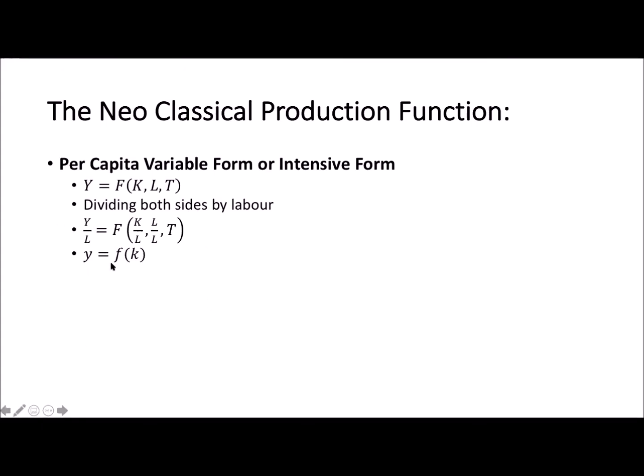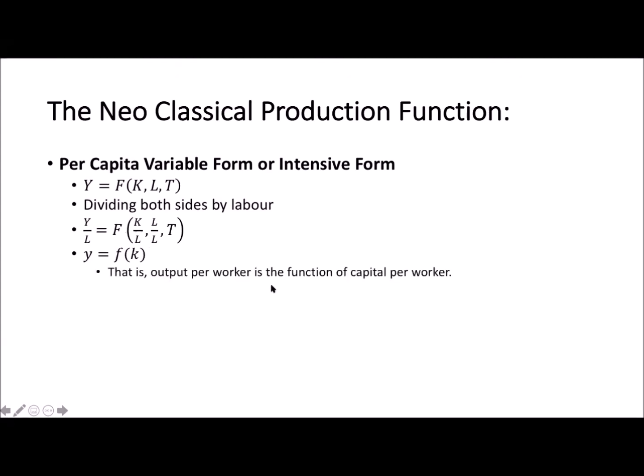So this is how we'll pronounce it: the per capita output is the function of per capita capital, or output per capita is the function of capital per capita. Or you could also say that the intensive form of the production is this, कि आपके पास जो output labor ratio है, that is the function of capital labor ratio.